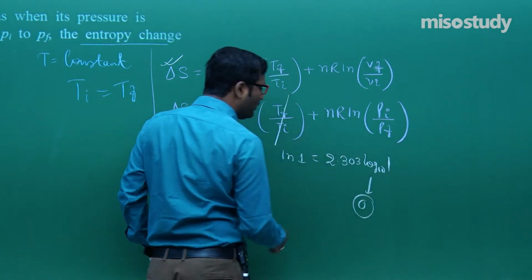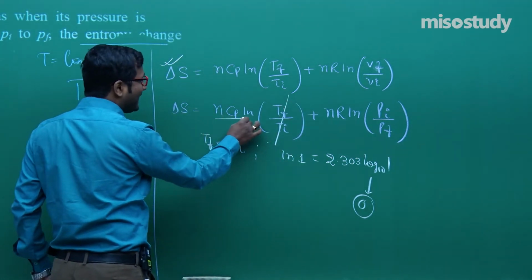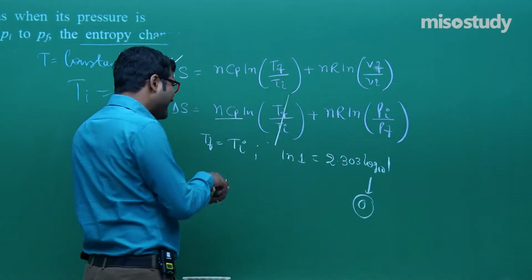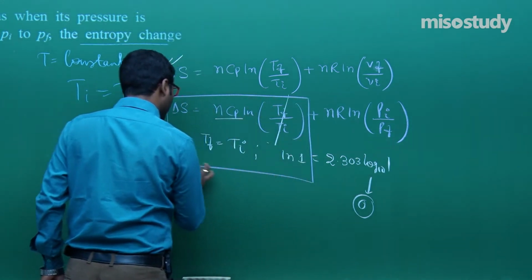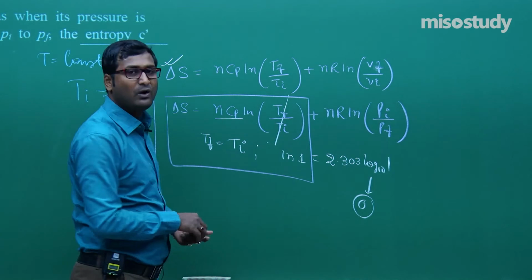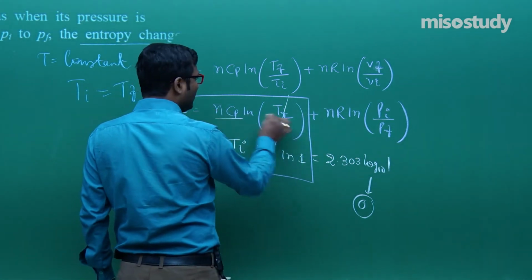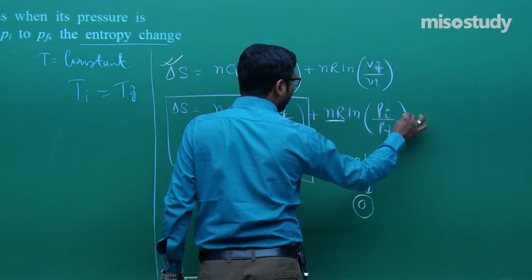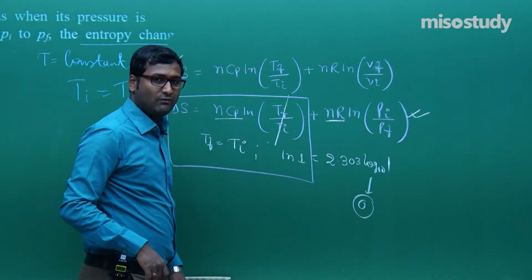Log 1 is equal to 0. So this value will be equal to 0. 0 multiplied by nCp will be equal to 0. So we can remove this term. If we remove this term, then what we get here is delta S is equal to nR ln Pi upon Pf, initial pressure upon final pressure.